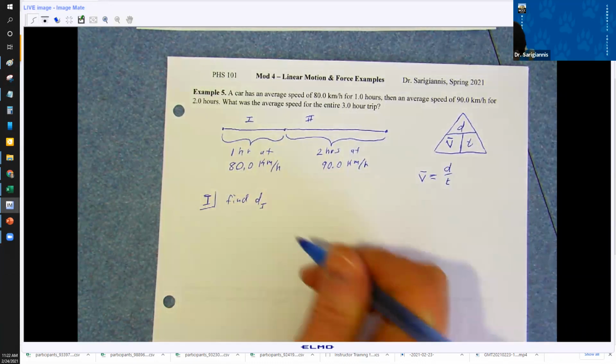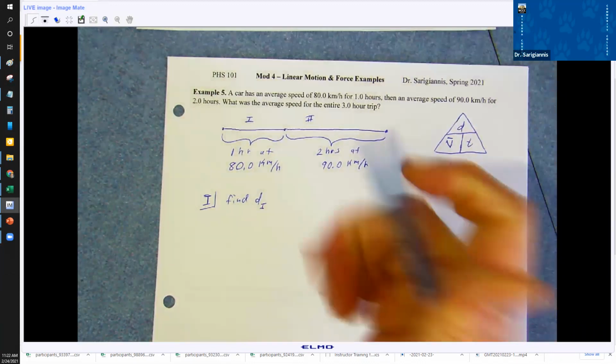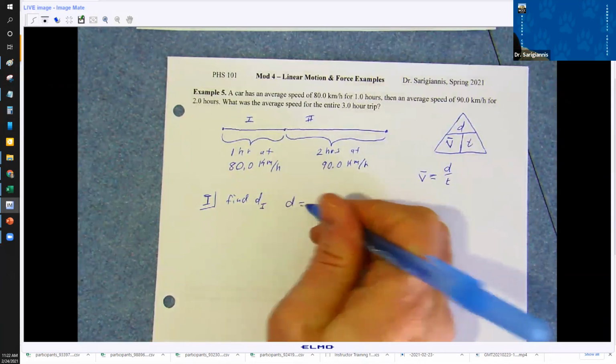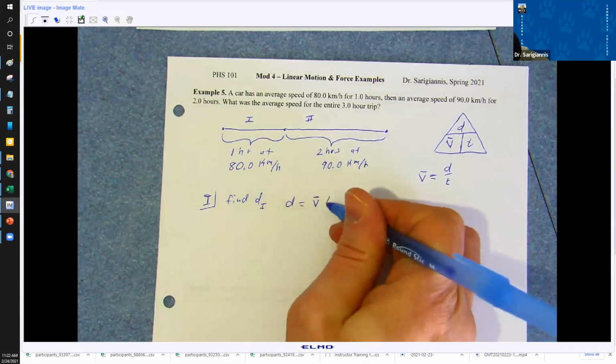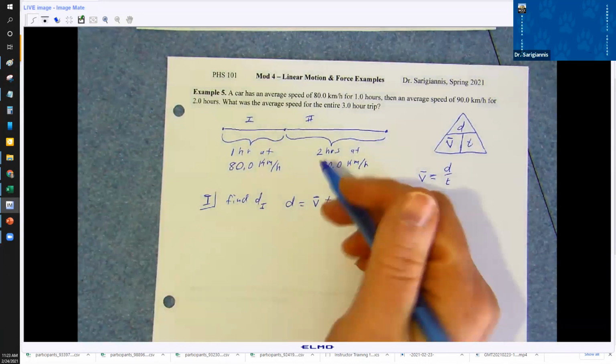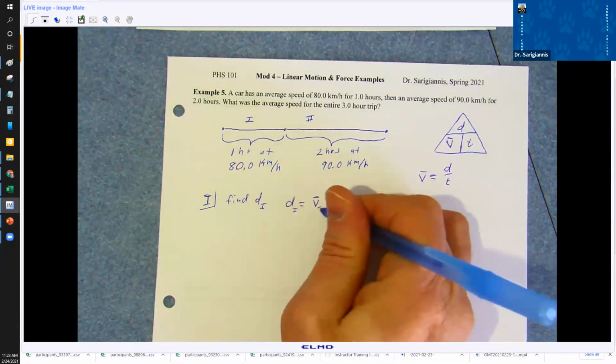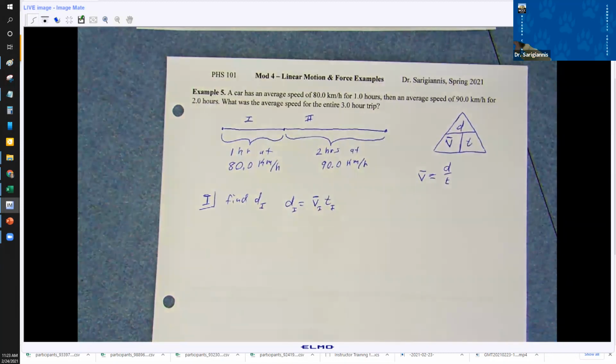d1, right, distance 1. And the distance is just average speed times time. So d equals v bar times time. I'll put the little subscript 1 for segment 1. And what is this?